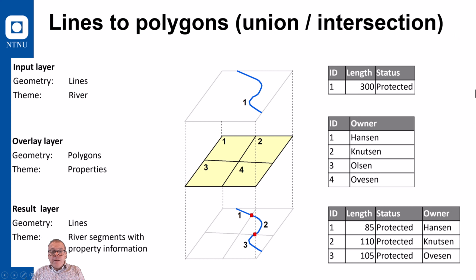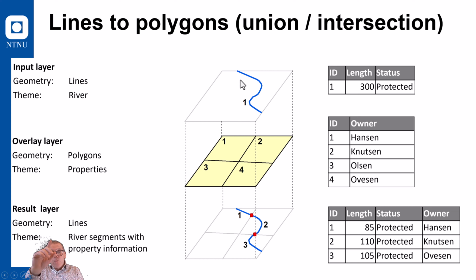Here we have a river of length 300, typically 300 meters if it is a projected coordinate system, and here we also have an integration of the geometry, because whenever a line crosses a polygon using union and intersection, new nodes are created.